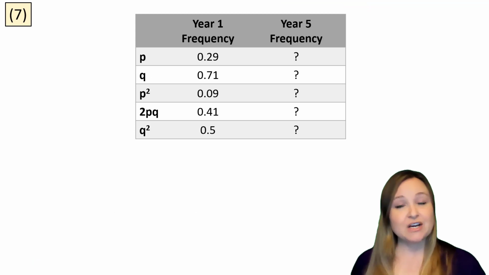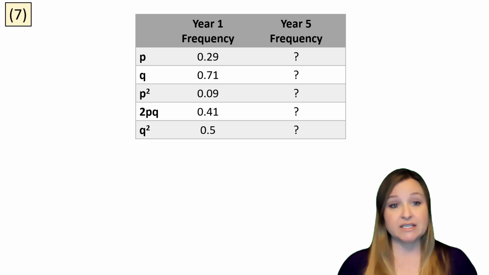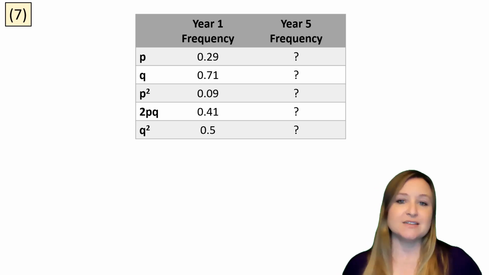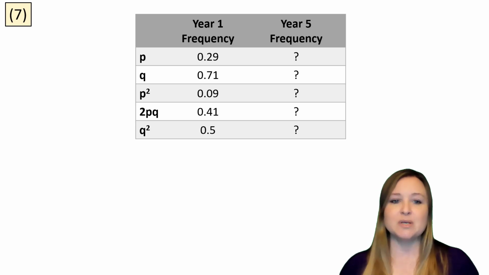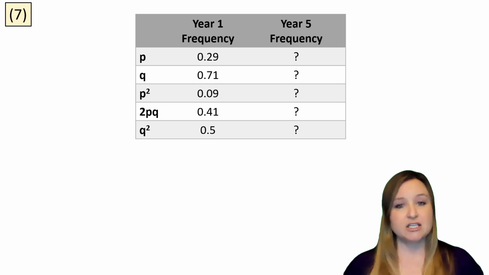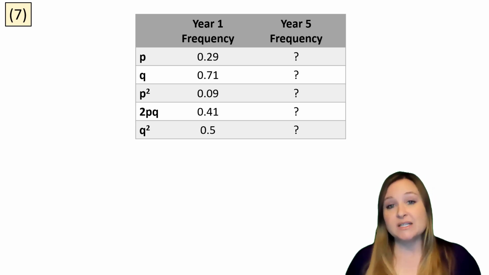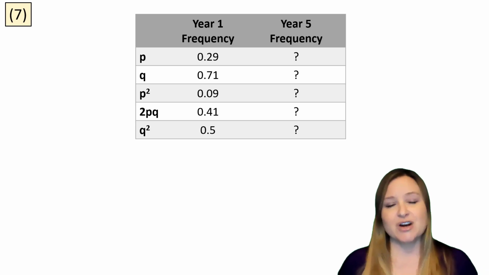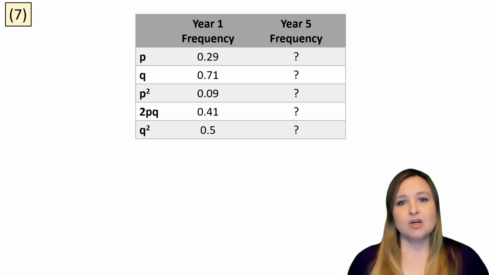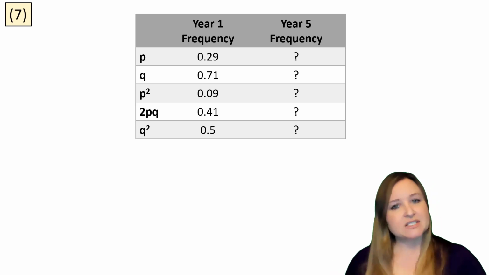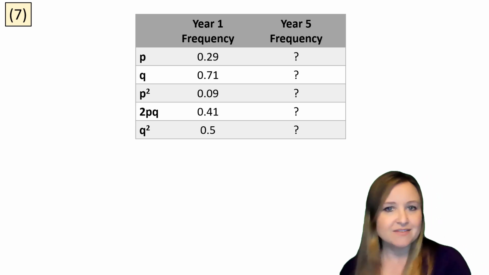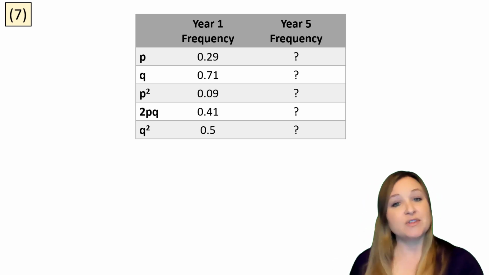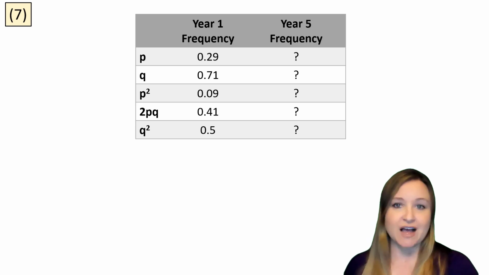So we have now figured out all of the frequencies for the individual alleles, P and Q, and the different genotypes that can result, P squared, 2PQ, and Q squared. This is how frequently these alleles or genotypes showed up at year 1 in the grasshopper population. We can't really see if evolution has occurred between year 1 and year 5, though, until we figure out the same variables for year 5.